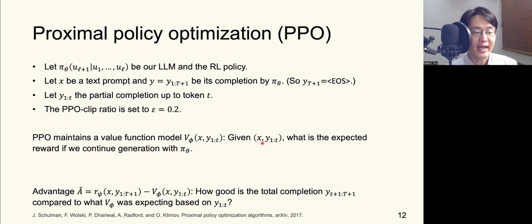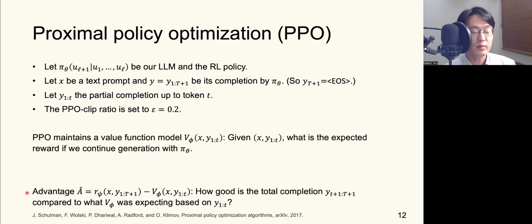Given x comma y 1:t, so this is the prompt and a partial completion corresponding to this prompt, the question is, what is the expected reward if we continue the generation with the language model pi? If the initial generation is looking bad, then the reward model will output a small number. If the initial generation is looking good and very helpful, very kind, very aligned with human values, then the value function model will output a large number.